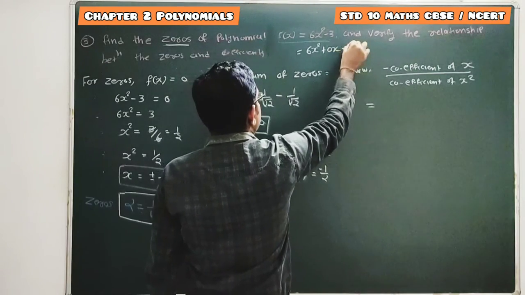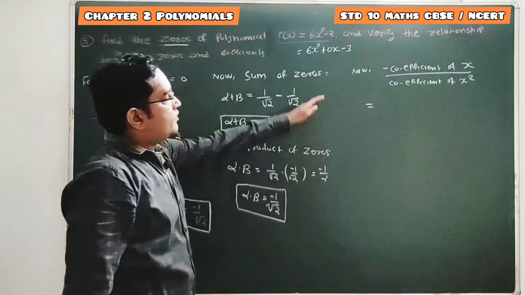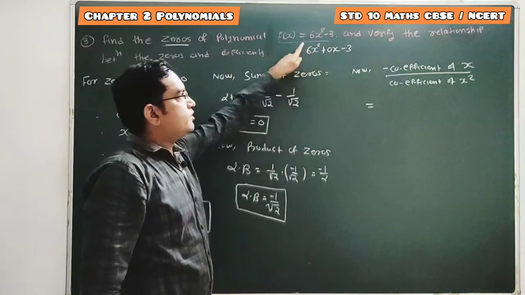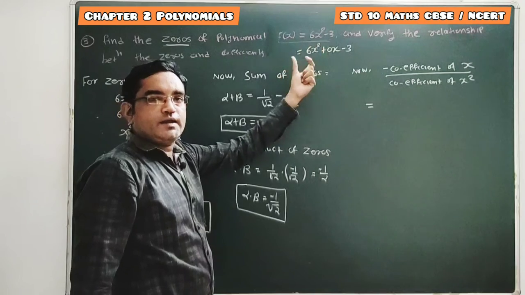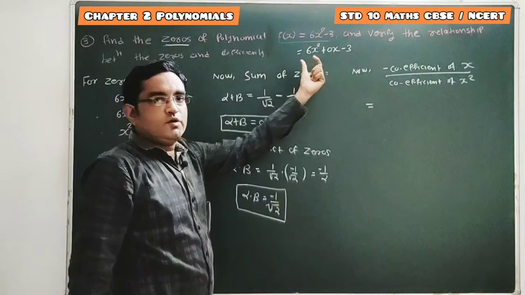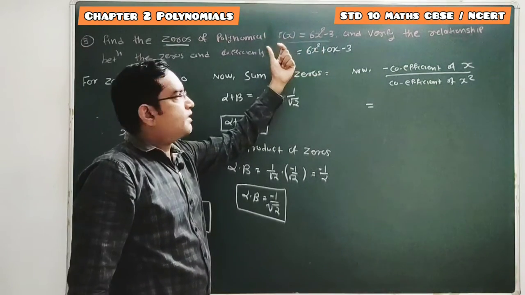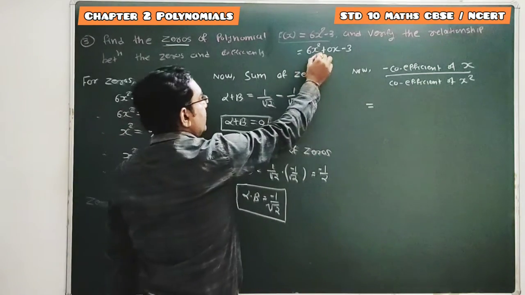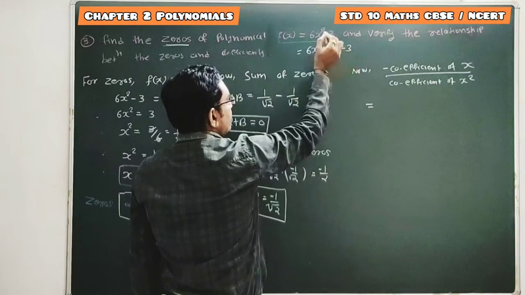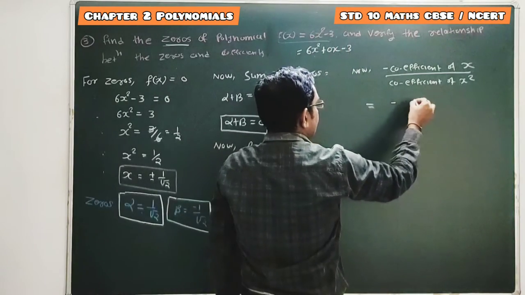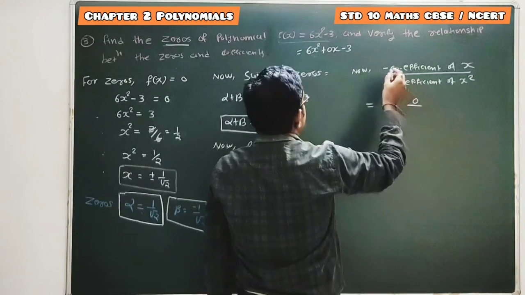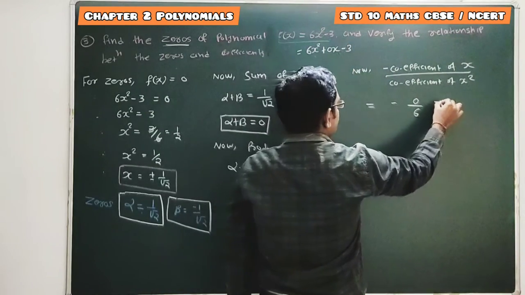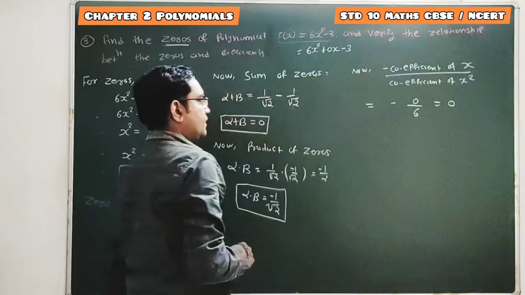So the coefficient of x is 0. This is known as the standard form of this polynomial, in which we write each term in decreasing order of the power of the variable. So this is standard form. Here the coefficient of x is 0, so it's minus 0 upon coefficient of x square, which is 6, and that is equal to 0. Done.